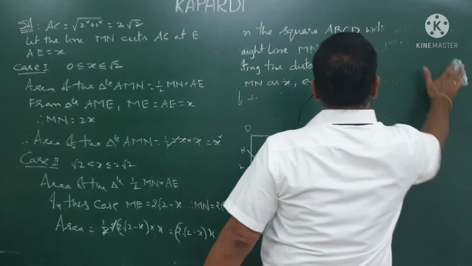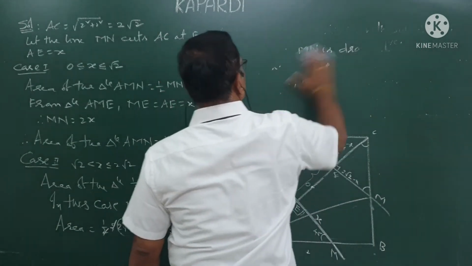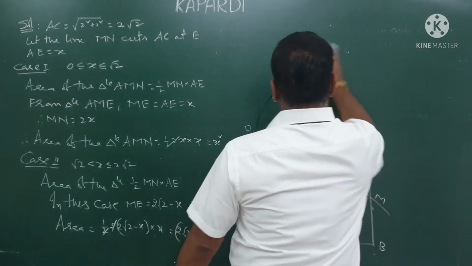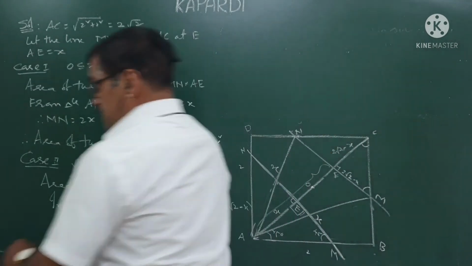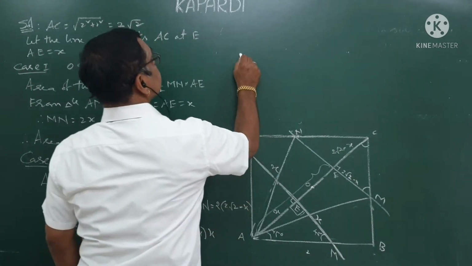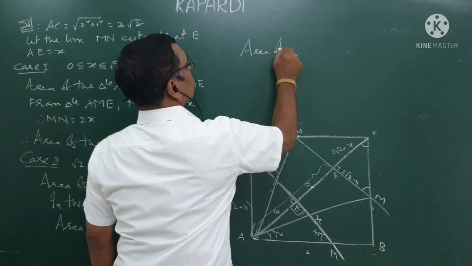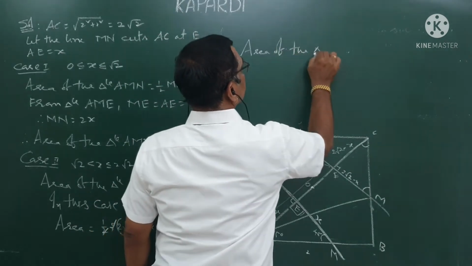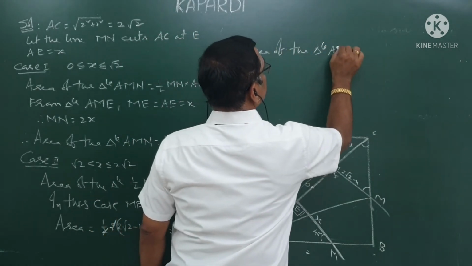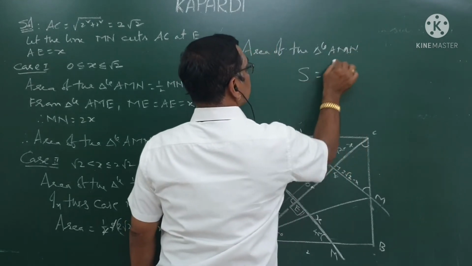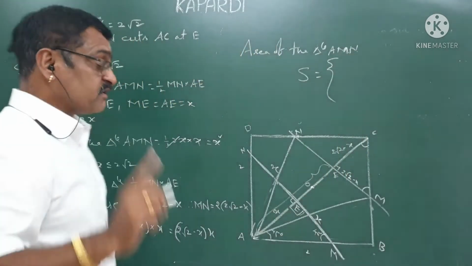Area. Therefore, area of the triangle AMI is S, which is equal to... two cases we got.